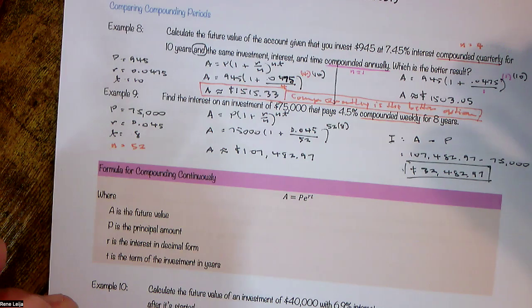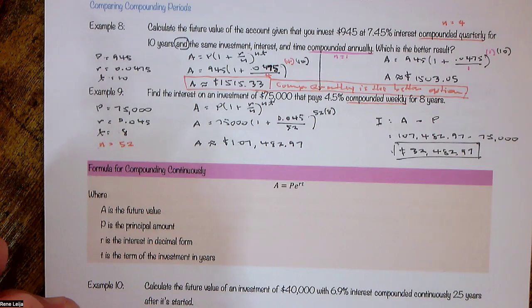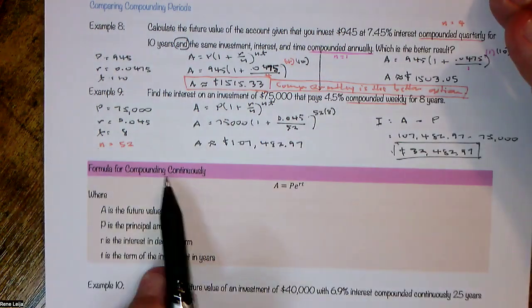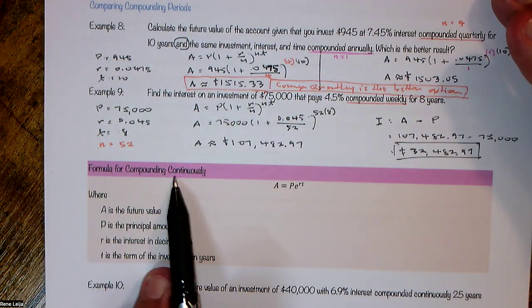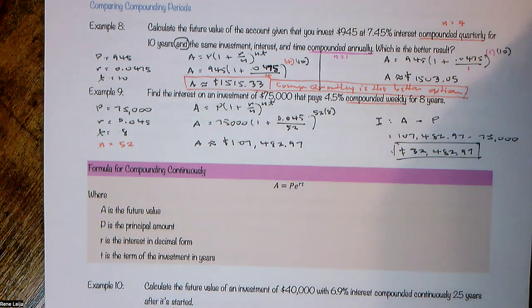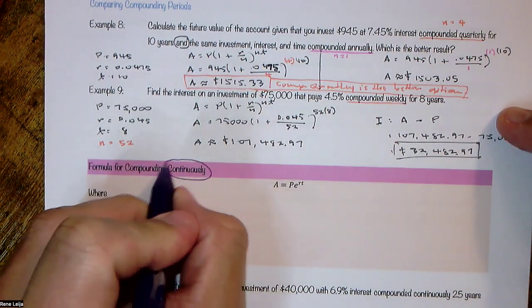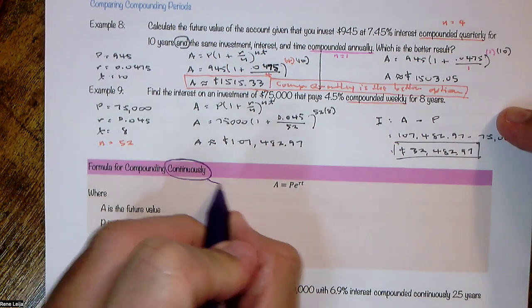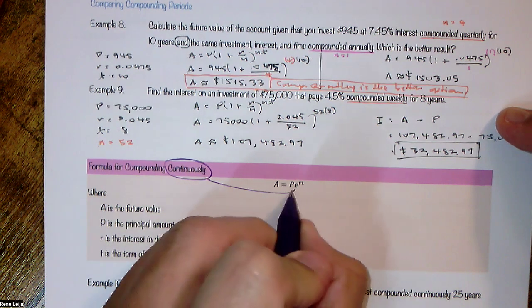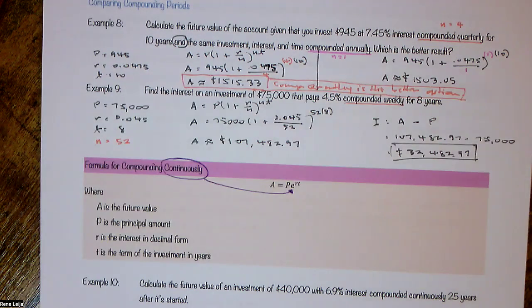Whatever they say it is, you have numbers that you can plug in for N. Now, if they tell you that it's compounded continuously, this is a completely different formula. When they tell you continuously, you're going to use the formula that has the E in it: P times E raised to the R times T power.